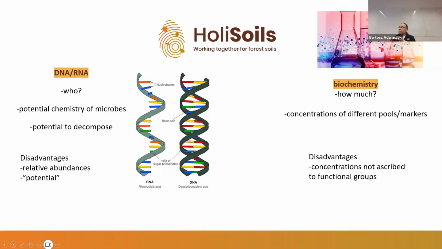In case of biochemistry, the disadvantage would be that we have a concentration of thing A, but we have no idea where it's coming from. So we do not know who is doing that exactly, but we know that something is going on.